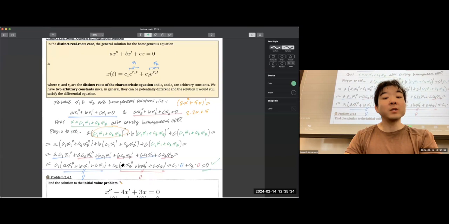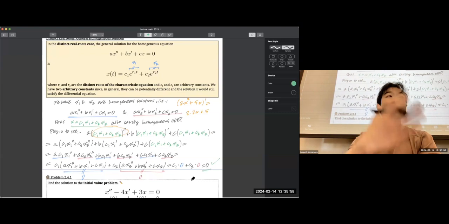Even if they weren't equal, you'd still get C1 times 0 plus C2 times 0, and those zeros would just cause this expression to become 0. There was no requirement that the C1 and C2 had to be the same. They may be the same, but the good practice is to not assume anything and leave them as not necessarily the same.